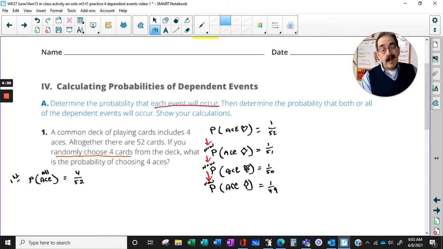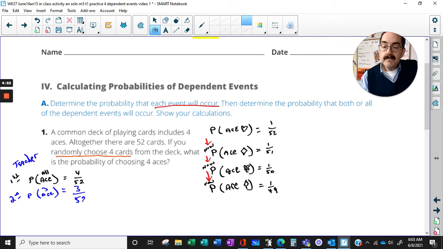Okay, teacher way. On the first pull, we have all 4 available, 4 out of 52. Now on the second pull, there's 3 aces left, 3 out of 52.